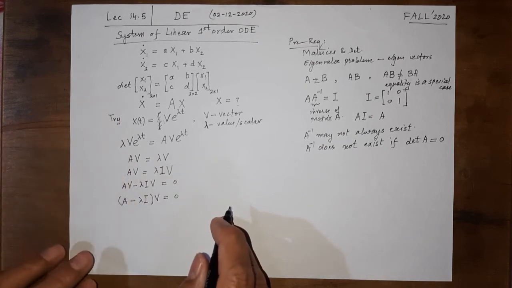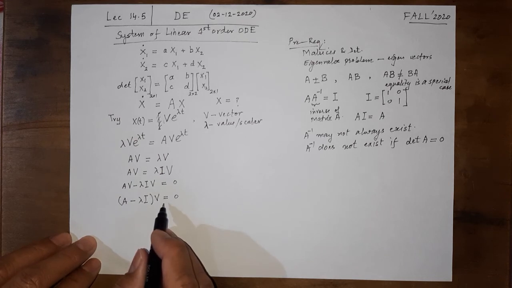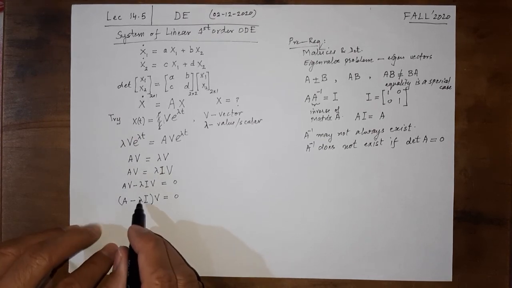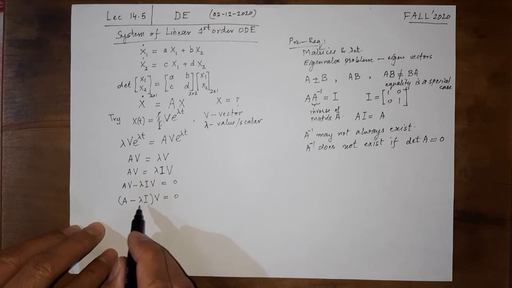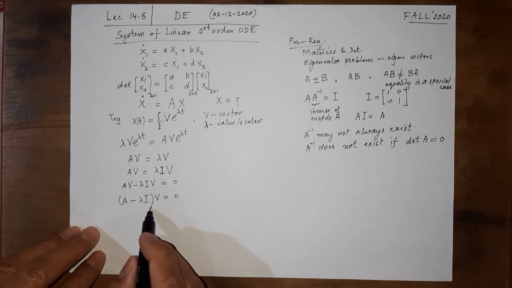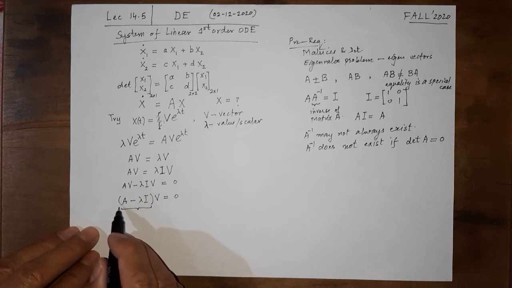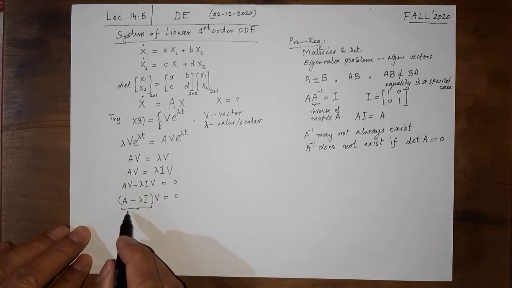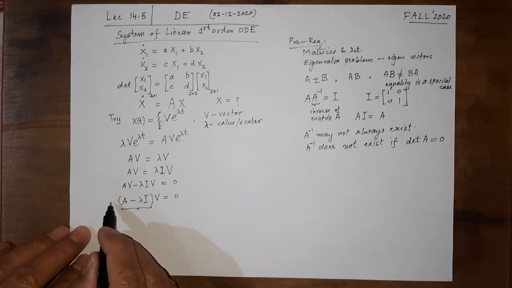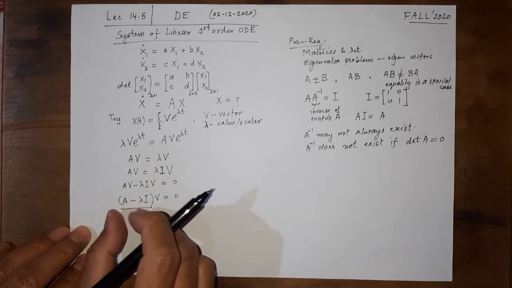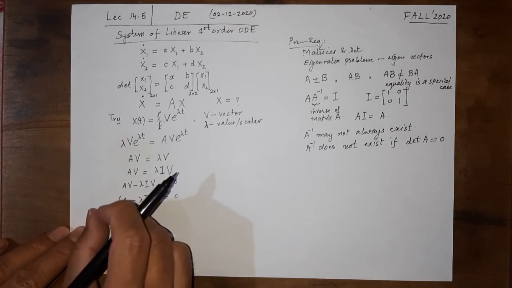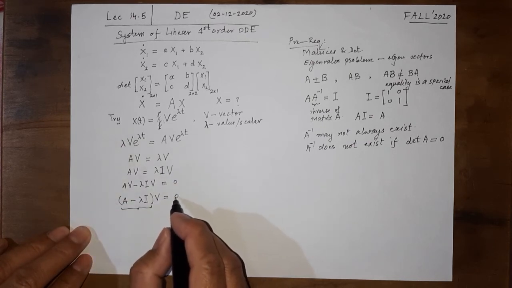This is the equation that we need to solve in order to find the value of lambda as well as V. But the point here is that if this matrix has an inverse and we multiply with that inverse on the left hand side, and as well as here, remember this 0 is not a scalar 0, it is a matrix that has all elements 0.